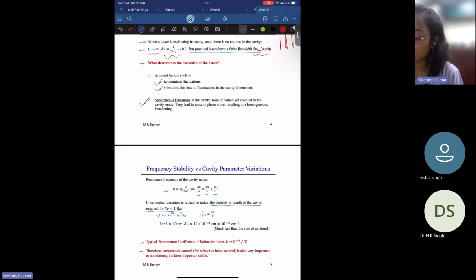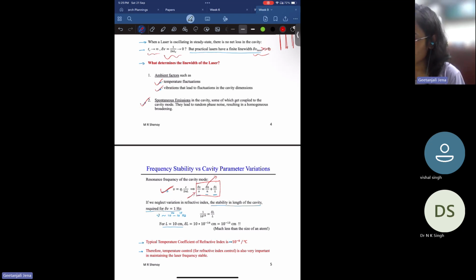And because of that, delta nu will change. If you recall, the cavity resonance nu is given by q C by 2NL, and delta nu, if you calculate, is delta N by N plus delta L by L. So when the temperature changes, the refractive index changes, and accordingly delta nu will change.